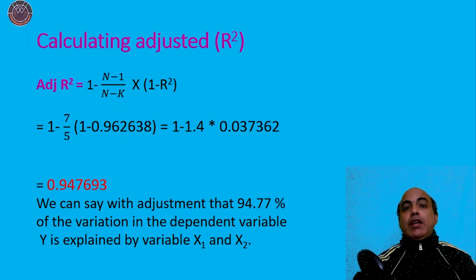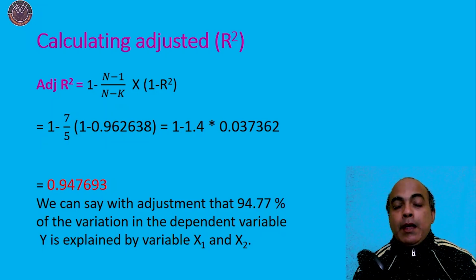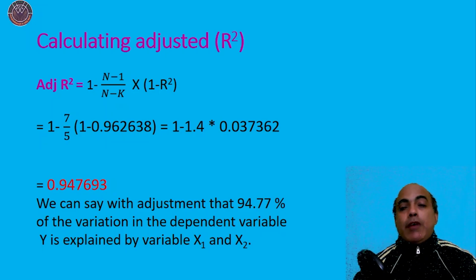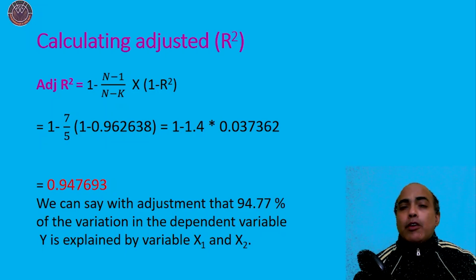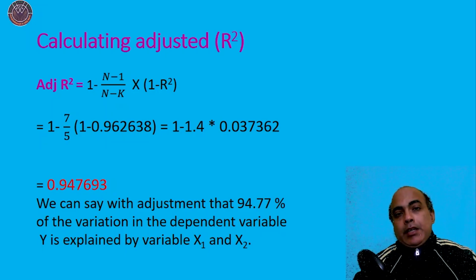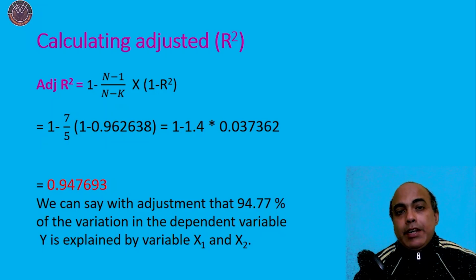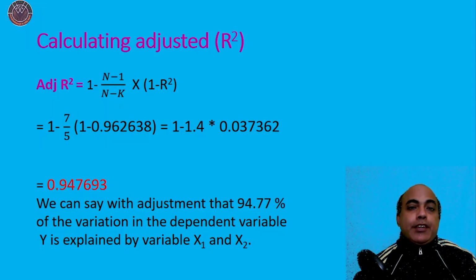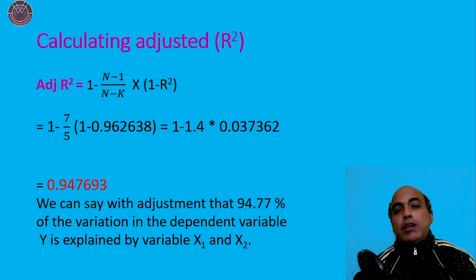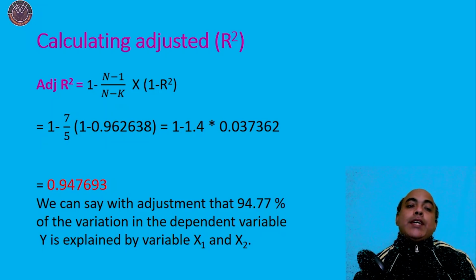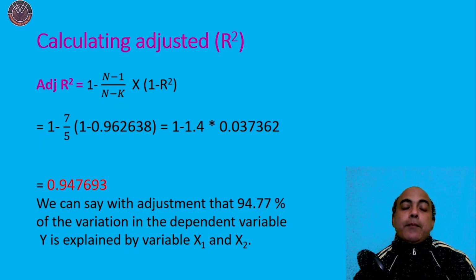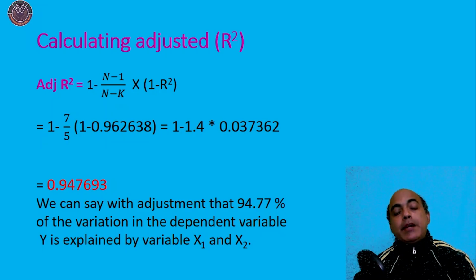So we need to get the adjusted r square value, which is calculated on the basis of the number of independent variables that we have estimated. In our case, we have estimated three regression coefficients: beta 0, beta 1, beta 2. The formula for adjusted r square is 1 minus (n minus 1) divided by (n minus k), multiplied by (1 minus r square), where r square is the calculated r square.